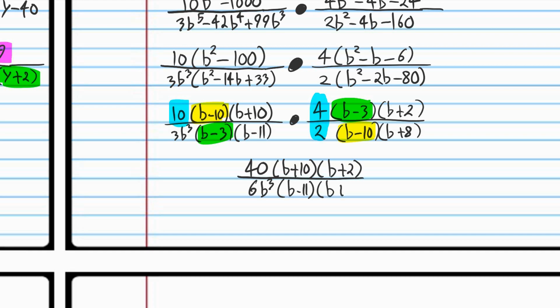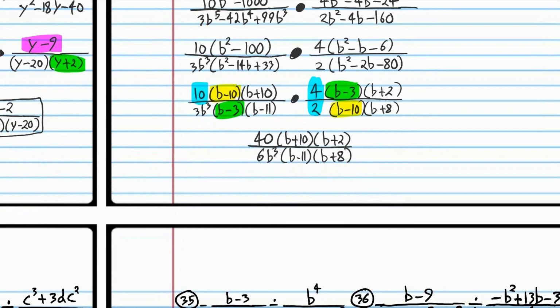And again, just multiplying straight across in the denominator. All right. So there's one last thing that we can do. We can reduce 40 over 6. So I don't have much more room, so I'm just going to divide both 40 and 6 by 2 to get 20 over 3. I'll just erase that and write 20 over 3.